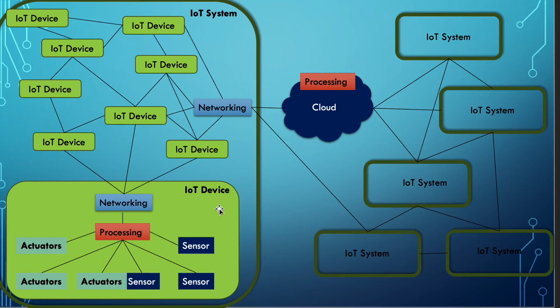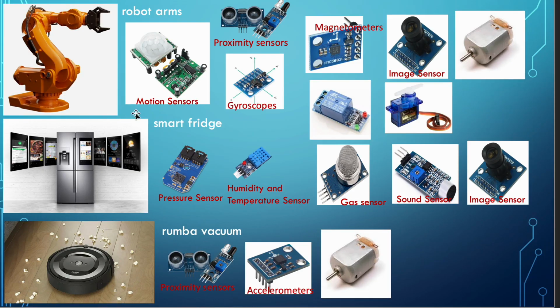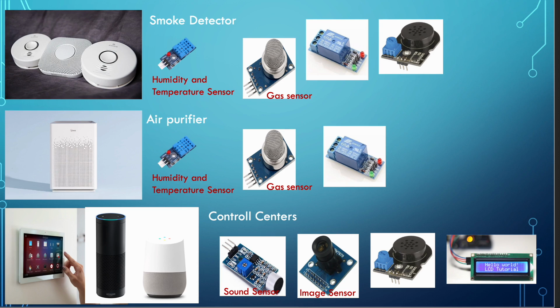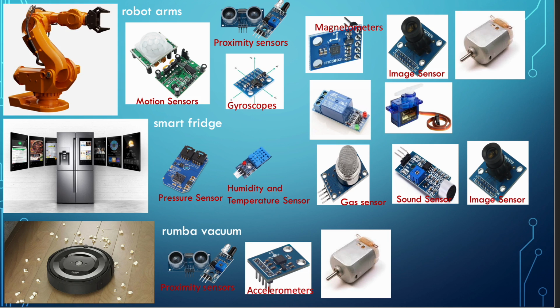So an IoT device would contain sensors. Now if you go up here, this is the other lesson, I'm just going a little bit away from that lesson to remind you what an IoT device is and what's inside an IoT device.